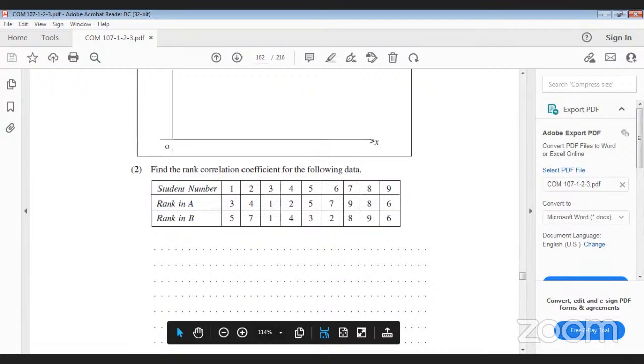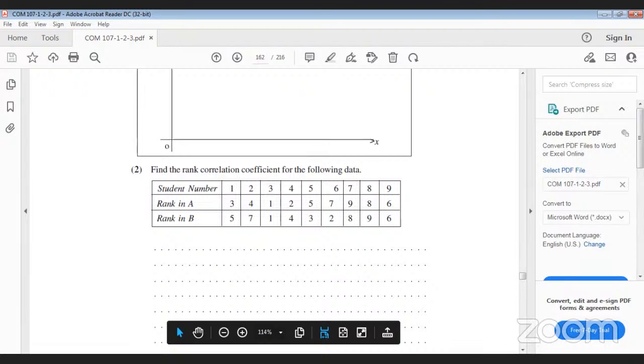So here the number of students is n equal to 9. And here we use the formula r is equal to 1 minus, in brackets, 6 summation d square upon n into bracket n square minus 1. So 1 minus 6 into 48, that multiplication is 288.